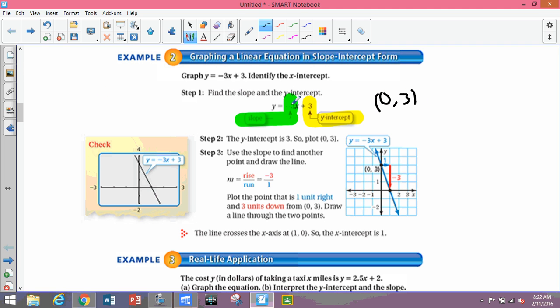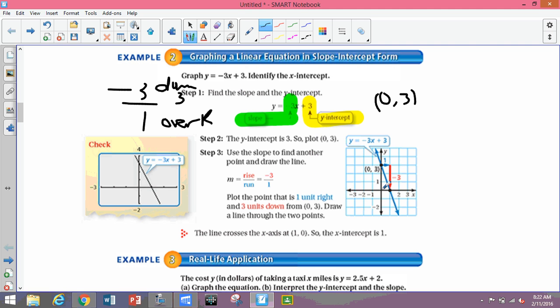And if your slope is -3, that's -3 over 1. That means it goes down 3 for every 1 it goes over to the right. Okay? Now this is huge, because if you have this, do you really need to do a function table? For a lot of you, you don't like doing that work.